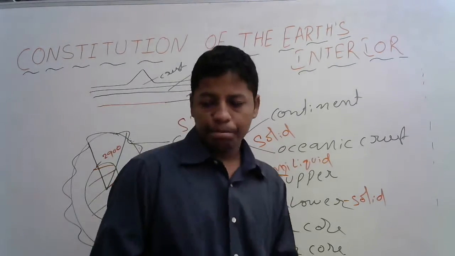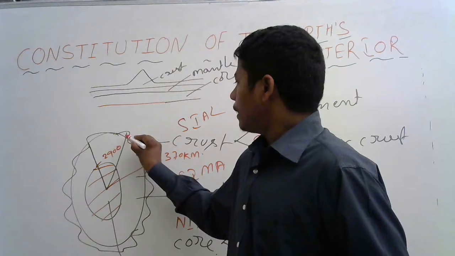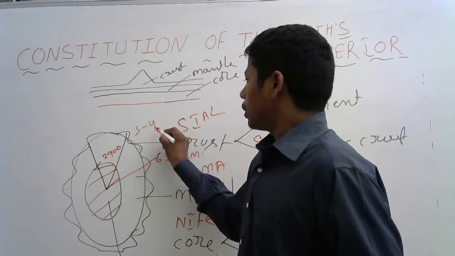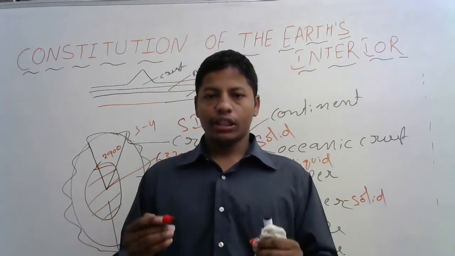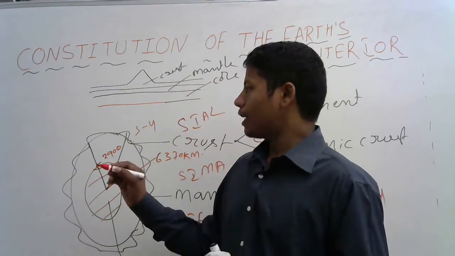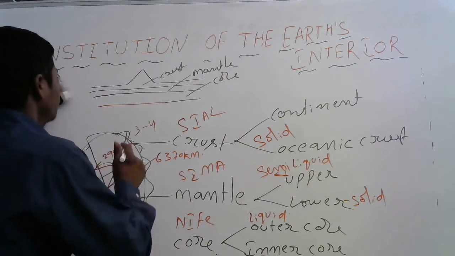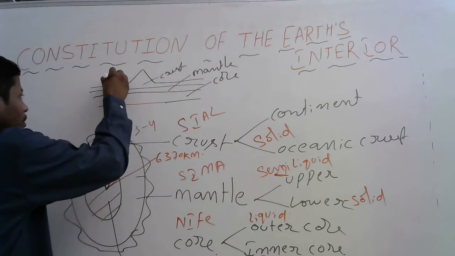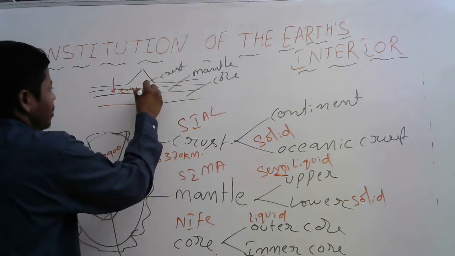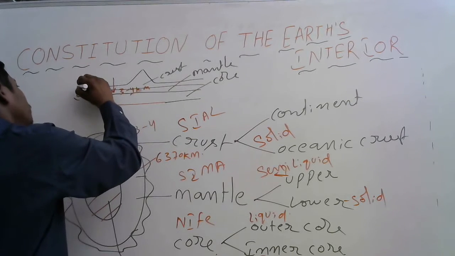First, we can't directly enter from the earth surface into the earth interior. It is not possible to dig or mine the earth interior beyond a maximum of 3 to 4 kilometers, or by mining 10 to 12 kilometers.